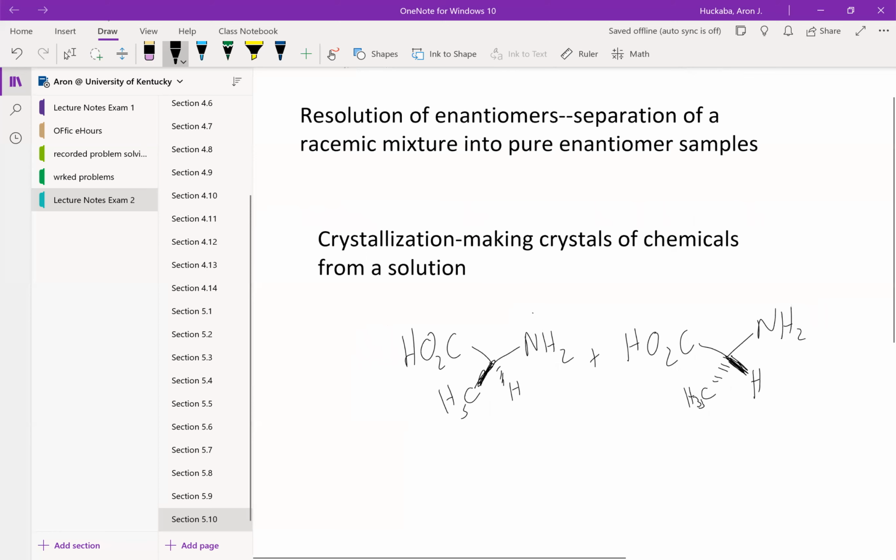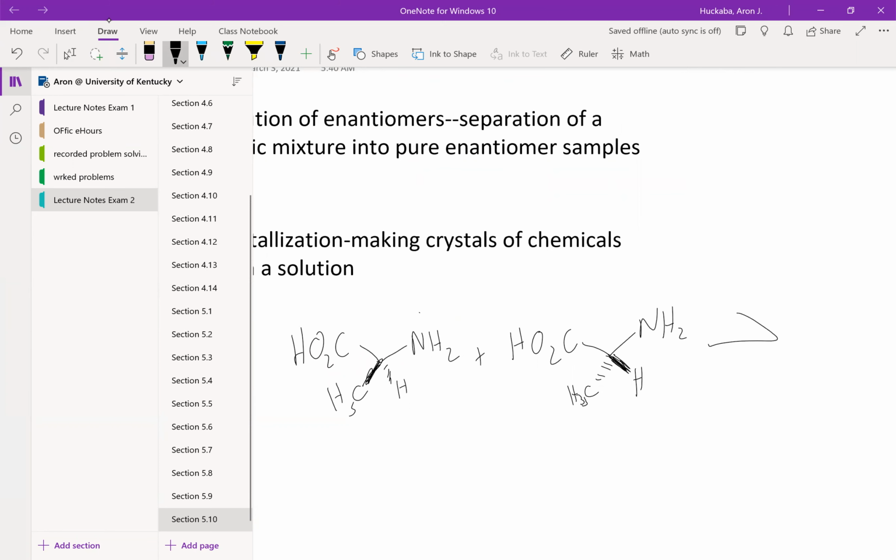And if you take these two chemicals and you put in some acid that is also chiral, let's say we use something like malic acid. Let's draw this up here. There we are.